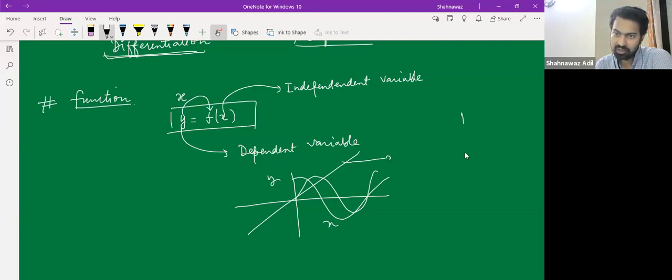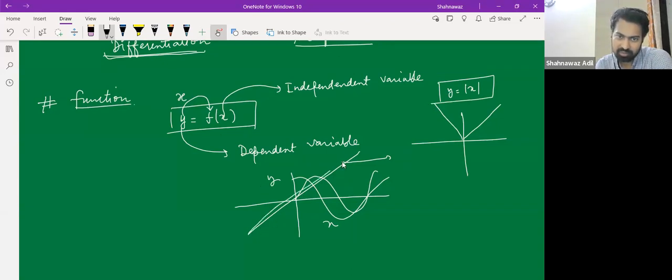Modulus function is this one, right? You can see that for this case, whatever is the value of x, let's say 0, y is 0, this is 1, so this would be 1.